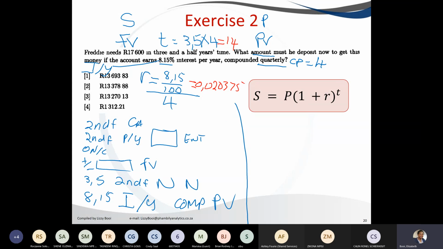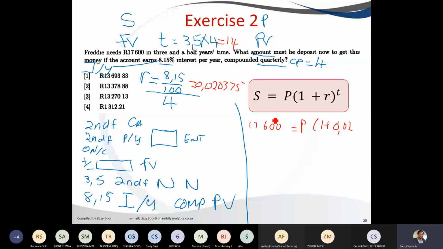Now we come here, we substitute, we are given our future value, which is 17,600 equals our present value. That's what we need to be calculating, 1 plus our rate, which is that long number. I'm just going to write the 3 digits, but you will have to write all of them because you will have space. So the power of t is 14, and you make p the subject of the formula.